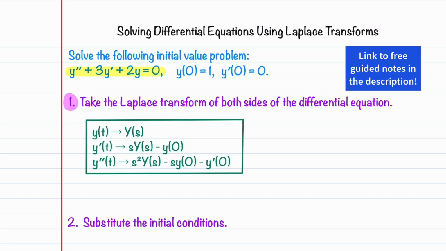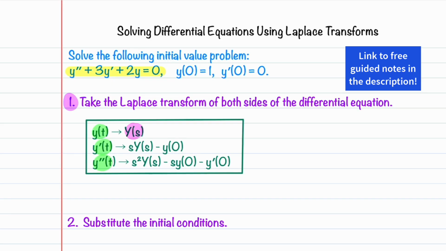The formulas that we're going to use are right here in this green box. Little y of t becomes capital Y of s, and then we have a similar formula for y prime and y double prime.